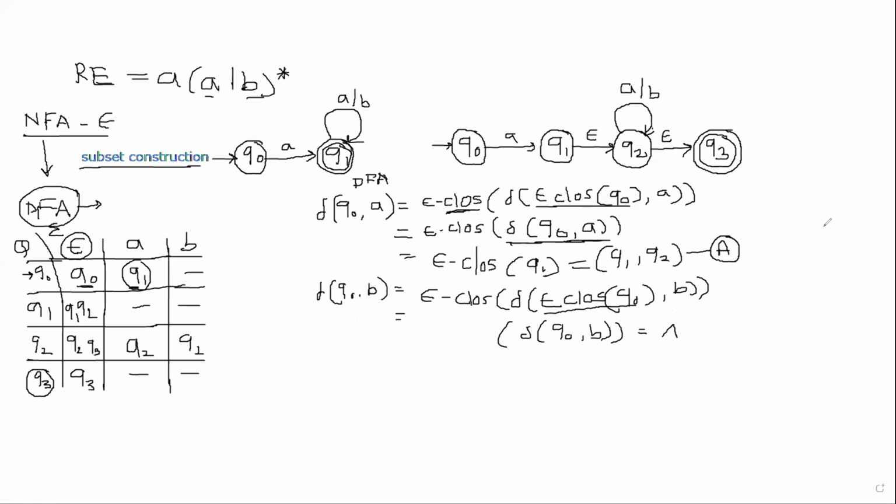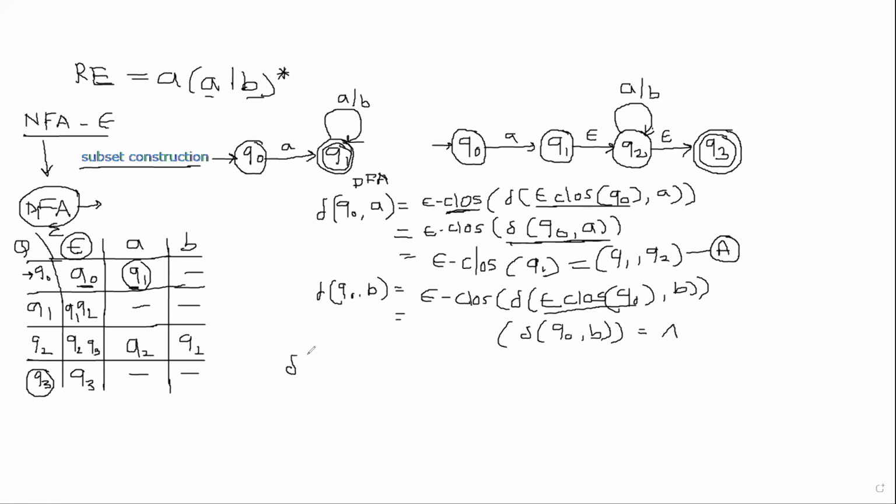Now I will start with the transition with capital A because capital A is the subset that we have got. With subset construction method, we have got Q1, Q2 as the subset which is present in the DFA.